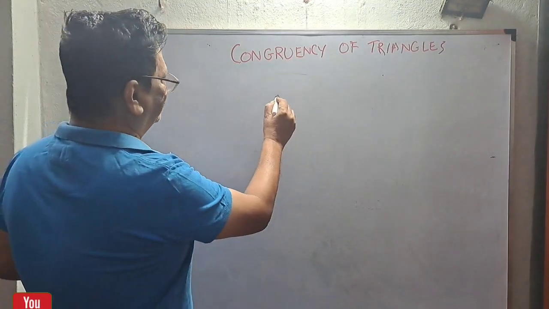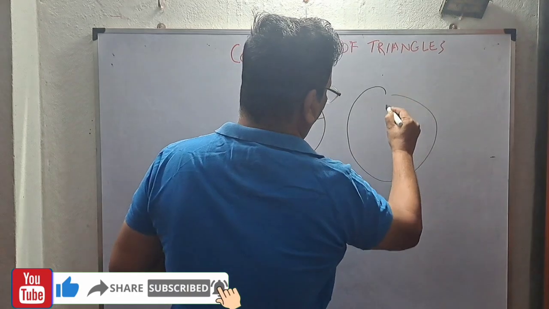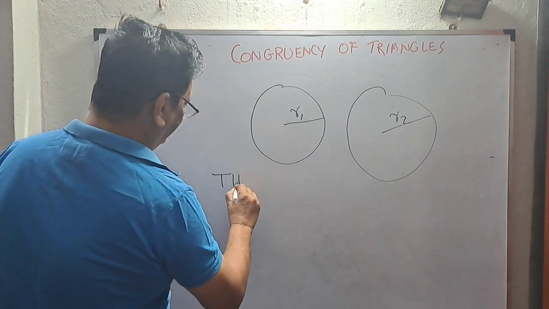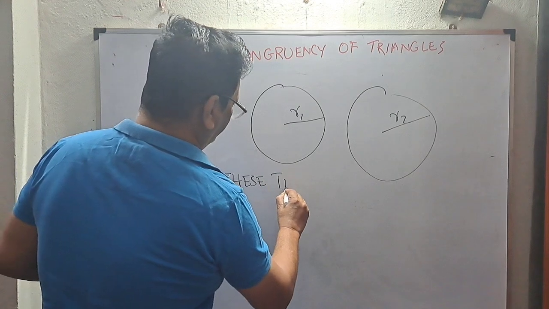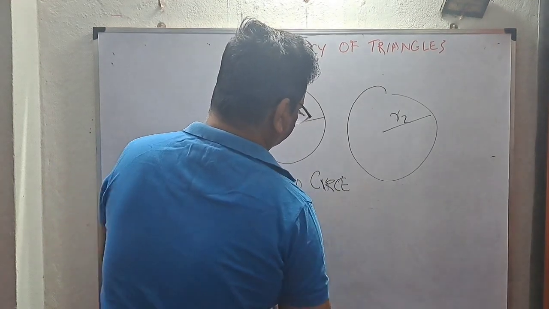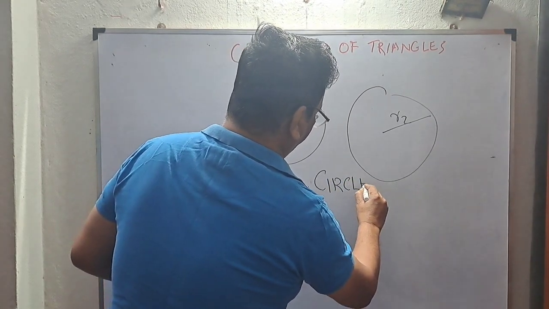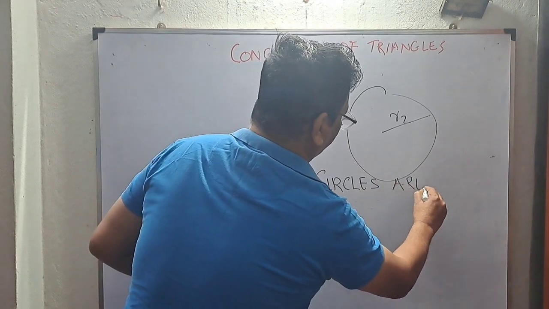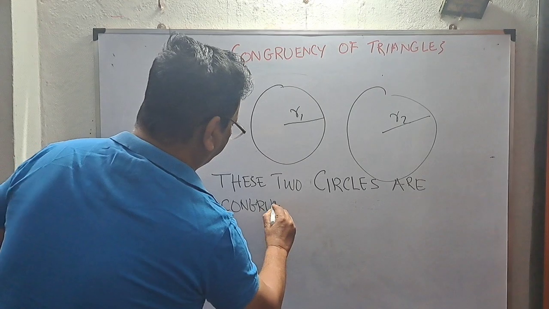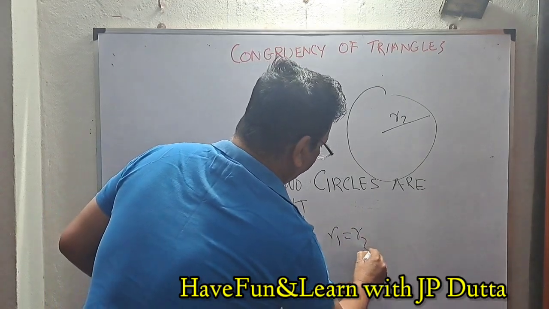No, in case of a circle, suppose you got a circle whose radius is R1 and another circle whose radius is R2, then these two circles are congruent if R1 is equal to R2.